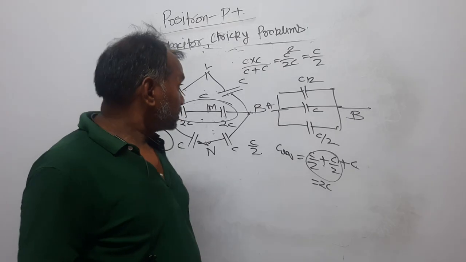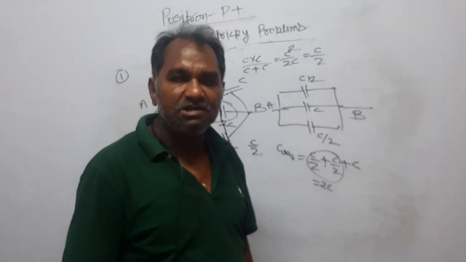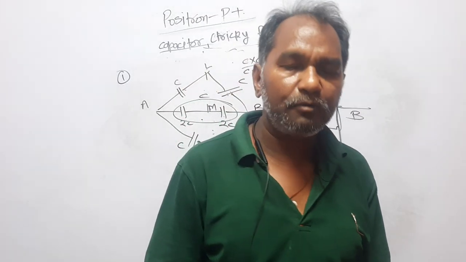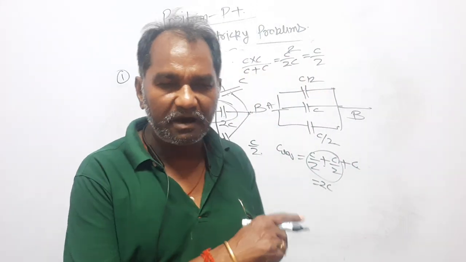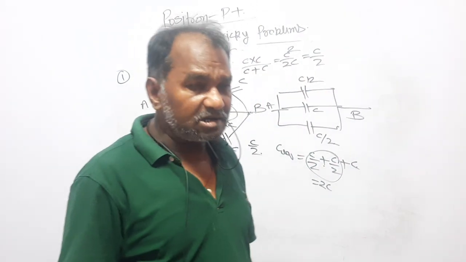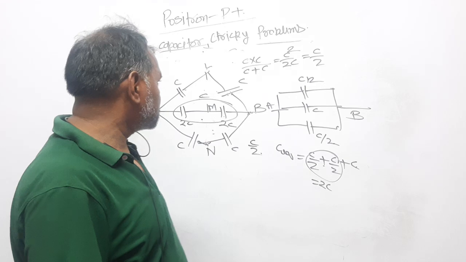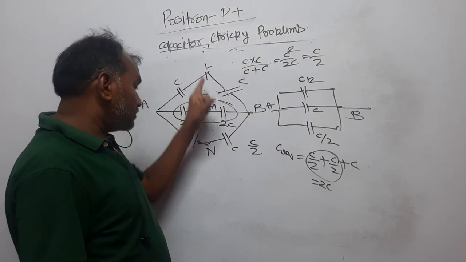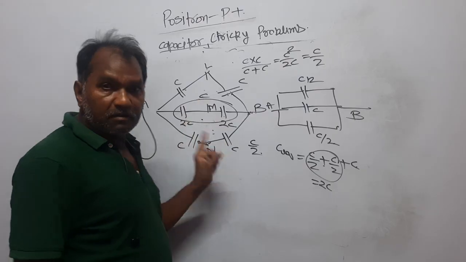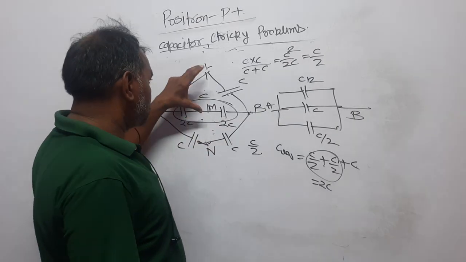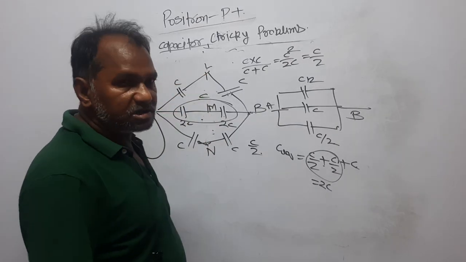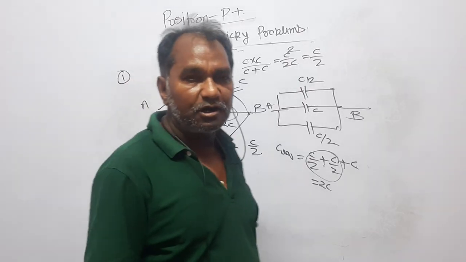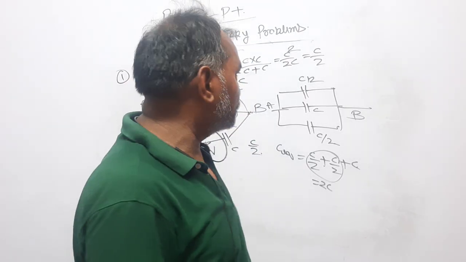Dear students, you know that in series combination, charge remains the same and potential is divided, whereas in parallel combination, charge is divided and potential remains the same, right? So what we have done is taken the common potential points because of mirror symmetry, then the capacitors between these common potentials we removed, because if the potential is common, no charge is going to flow.